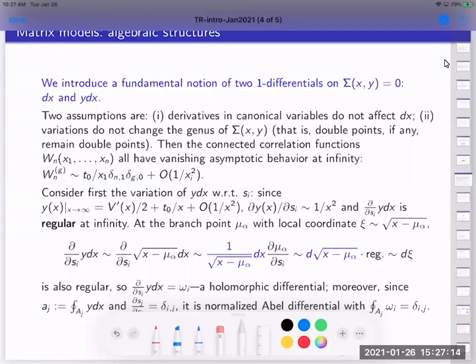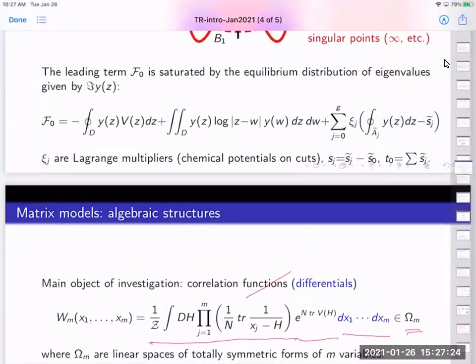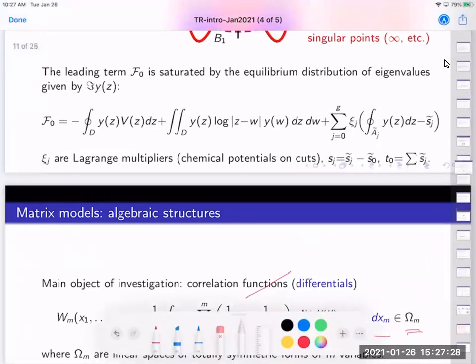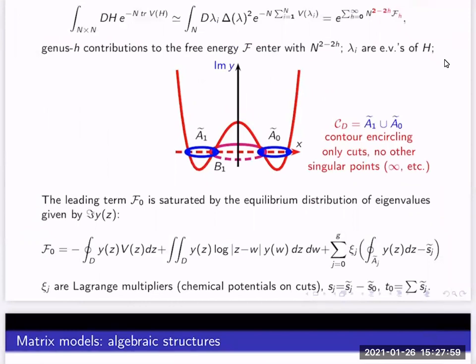Can you give a definition of the S_i? Yes. The S_i are combinations of this, and these S_j are basically the number of eigenvalues, because this integral gives the number of eigenvalues of the corresponding matrix inside every interval here.